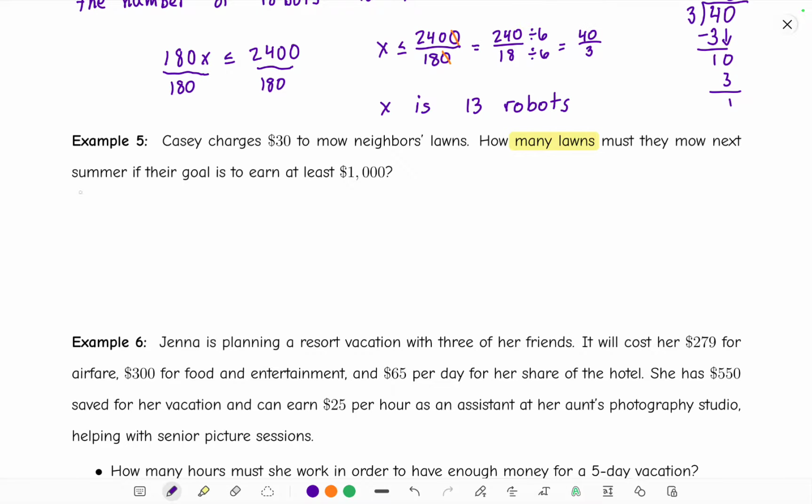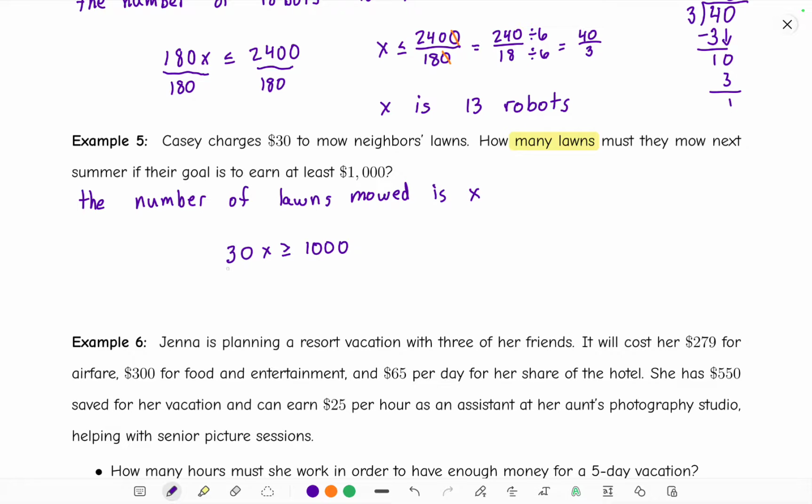So that means the number of lawns mowed is X in this problem. And then just like with the robot, we're going to take that $30, because it's $30 per lawn, times X. And we want at least $1,000. At least means greater than or equal to 1,000.